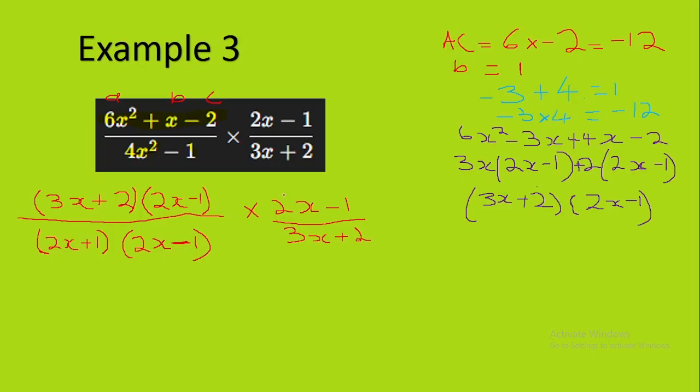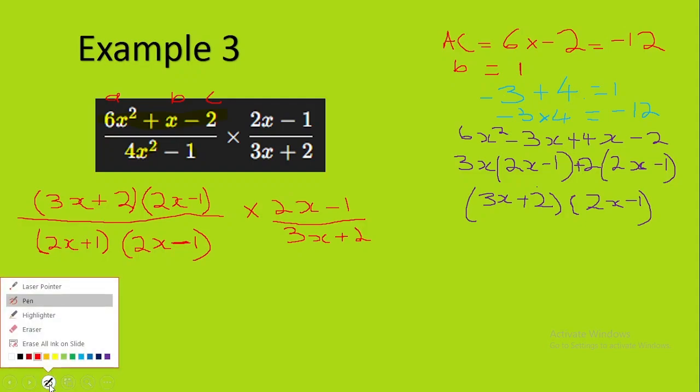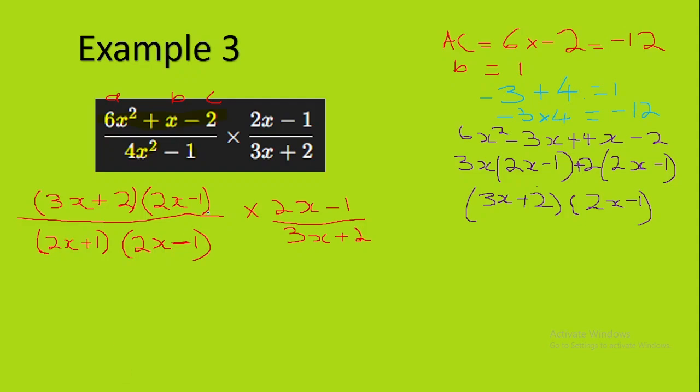Alright, so now that we have done all the factorization, we can do the fun part, which is just to simplify. Now, as I said before, you simplify all of what you see at the bottom with what you see at the top. If we look right here, we have a 2x minus 1 and we have a 2x minus 1 up here, so we can cancel that.